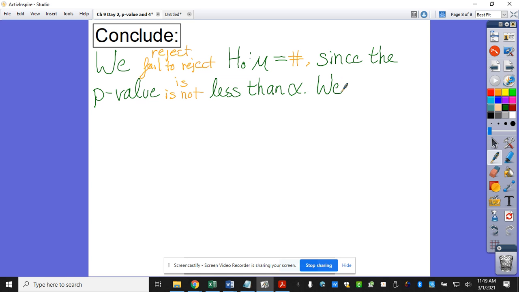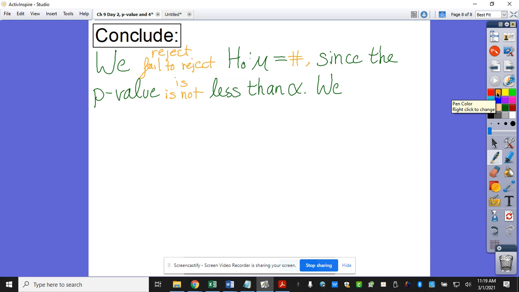So if we do reject the null hypothesis, does that mean we do or do not have evidence against the claim? When would we tell them that they're wrong? We have evidence or we don't? When we do.